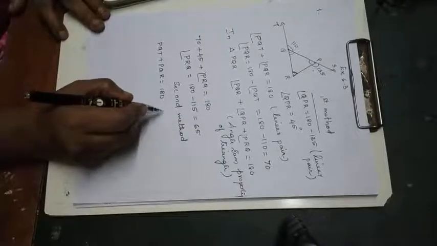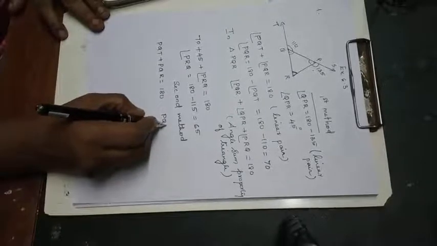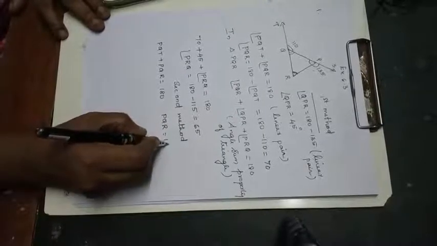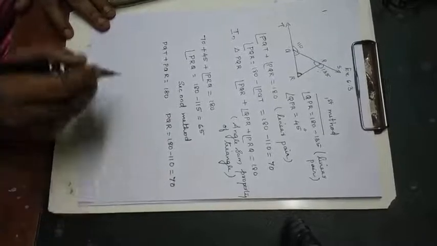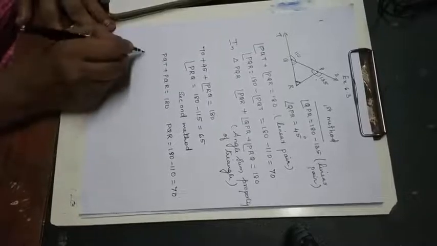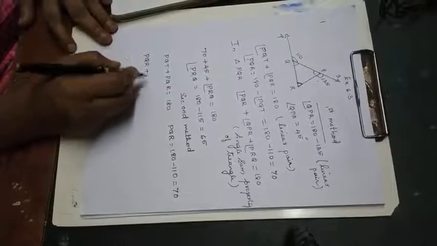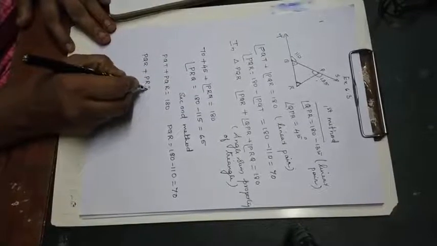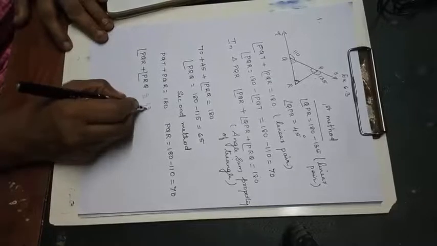So PQR will be equal to 180 minus 110, that is equal to 70. Now PQR plus PRQ will be equal to 135.